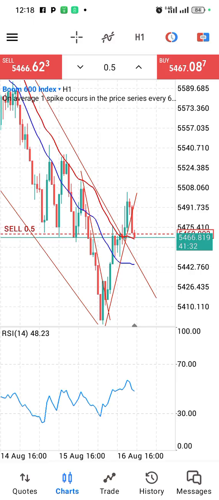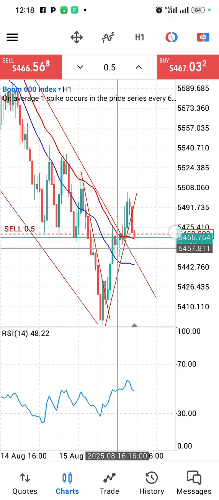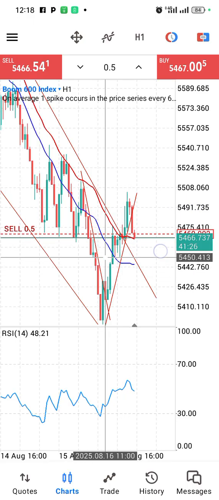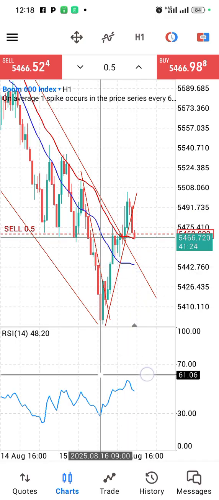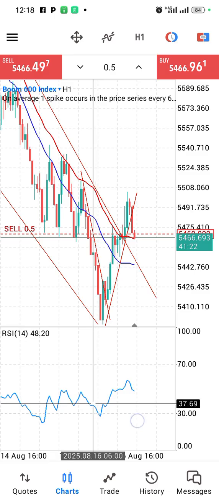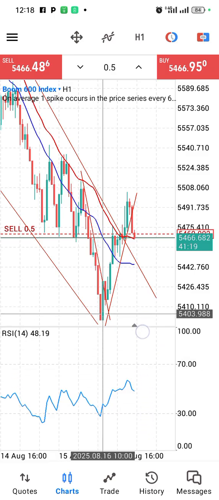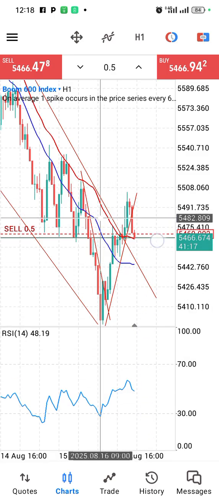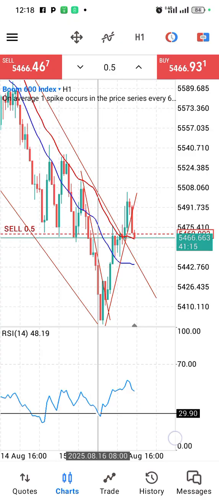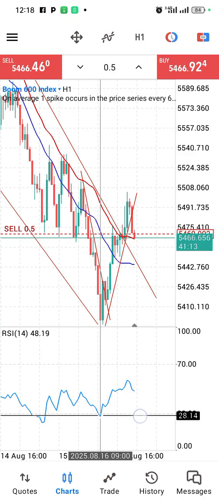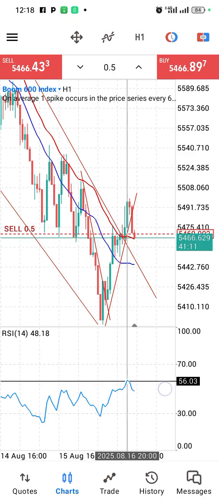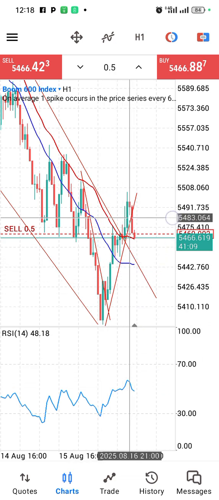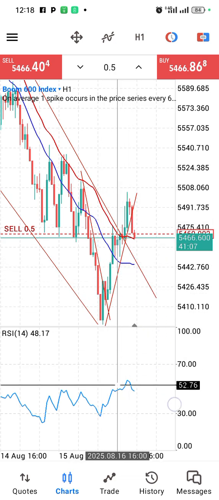Then the second confirmation is that the whole action is happening around our EMA 20. And then the third reason is that at the point before this pullback, from here to here, there was a touch on our RSI 30. It bounced off, and now we have seen a sign that the sell is about to continue.